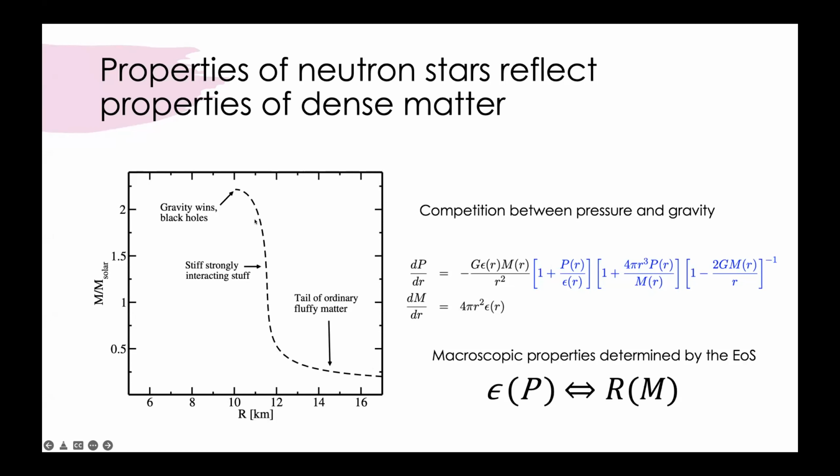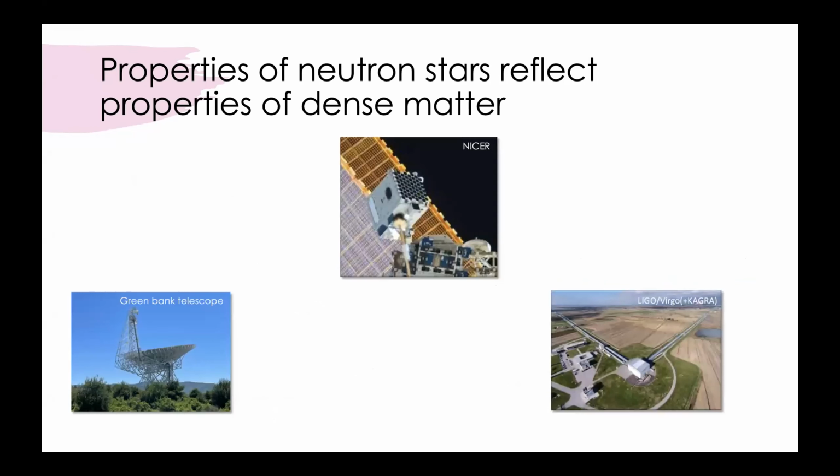There's a one-to-one correspondence between the equation of state and the radius because of the competition of pressure and gravity. And similarly for many other macroscopic features that I will mention in a minute. So right now we are indeed living in a revolution of new data on neutron stars that can allow us to try to access the equation of state.